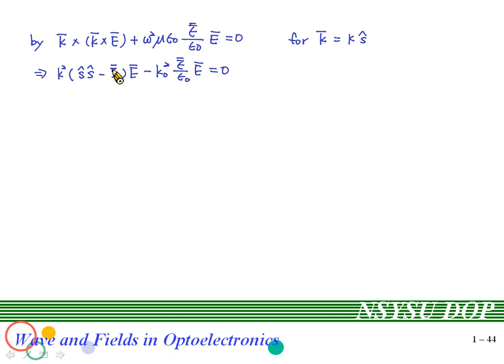Okay, so as we know, if we know the material properties of an isotropic medium, and we also know the direction of the wave, then for the same material properties and the specified direction, by solving the above equation, we can have two solutions.